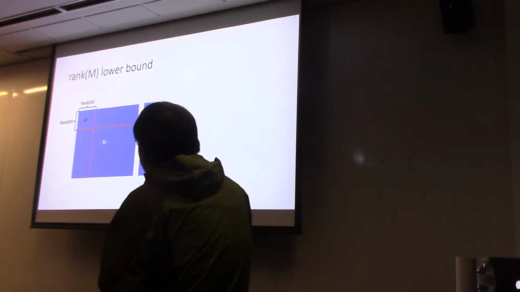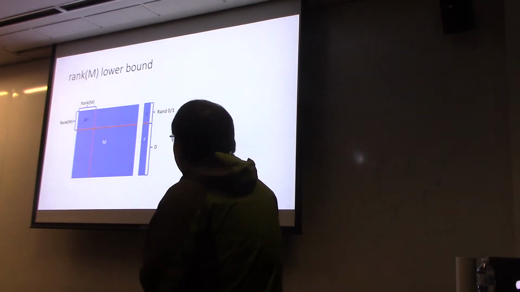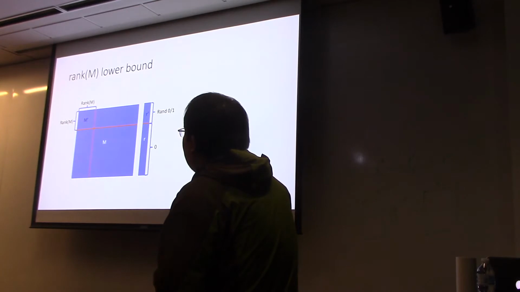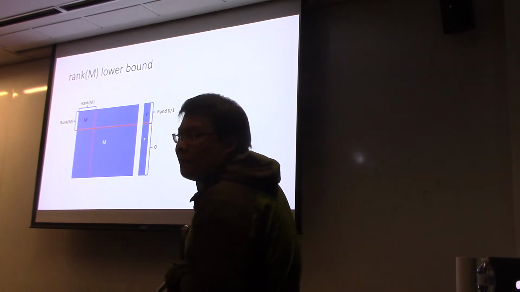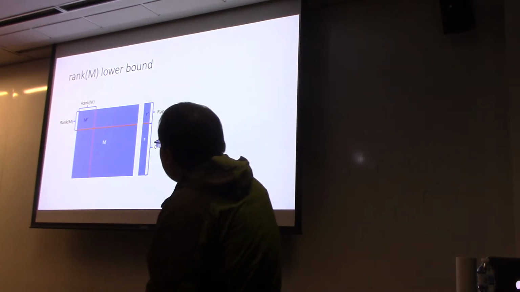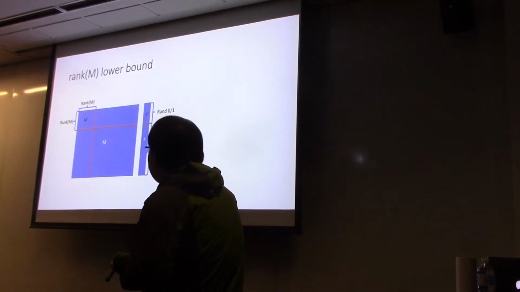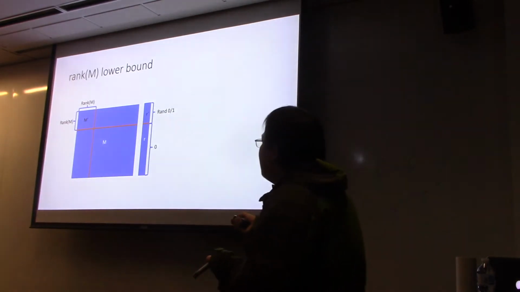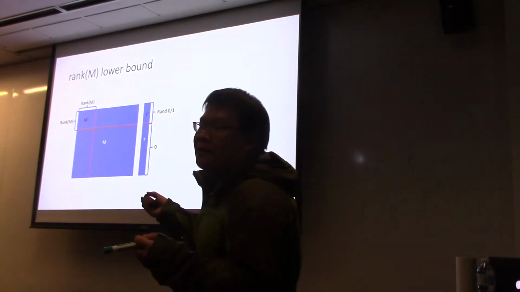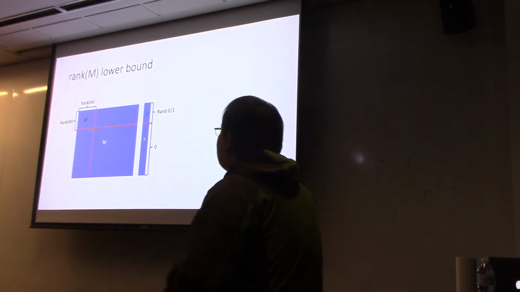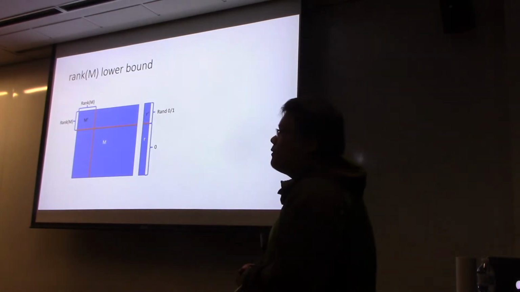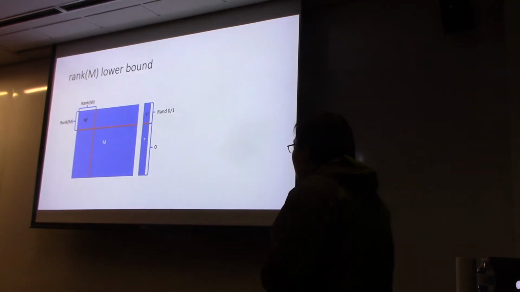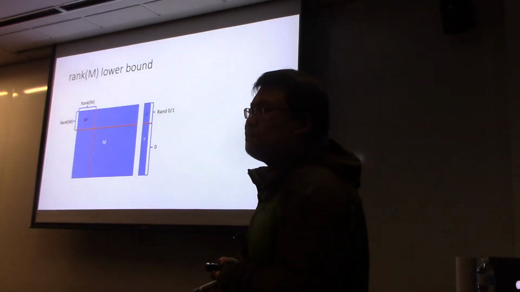In the resulting vector, the first rank M entries will just be M prime times this R prime vector. The other entries will be 0. But this M prime matrix is non-singular, meaning that Bob can actually recover this R prime vector by just solving a linear system. So basically, he can recover all these R prime random coins held by Alice, so there should be a rank M lower bound.